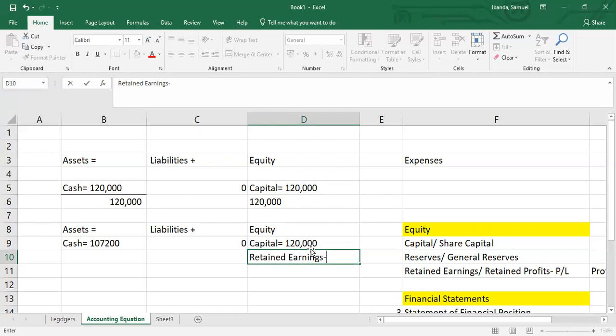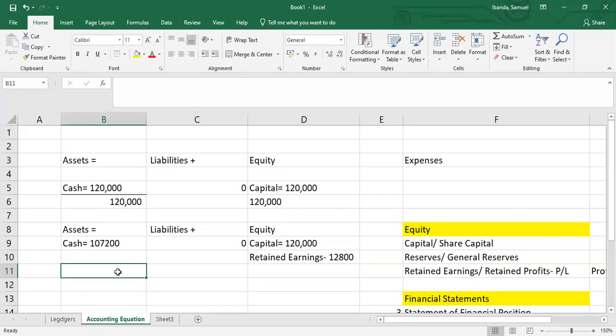Retained earnings. Now, no matter whether it's a profit or loss, it all falls under retained earnings, or which other people call retained profits. So my retained earnings will reduce by how much? By the amount of rent, which is how much? 12,800. So that is what I'll have. So let me try to add up my asset equation and see.